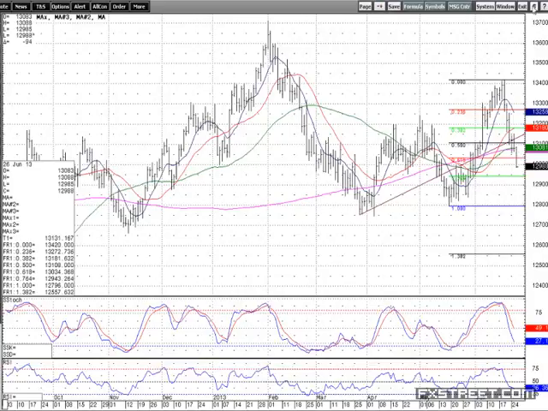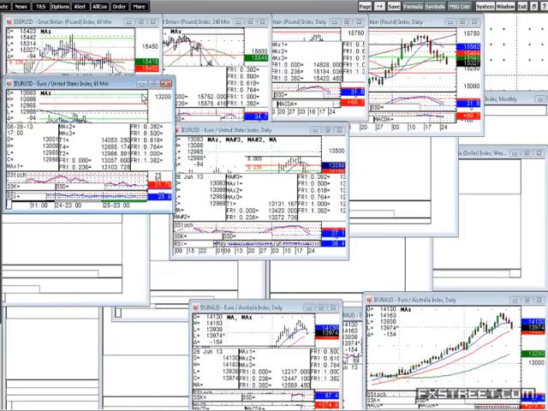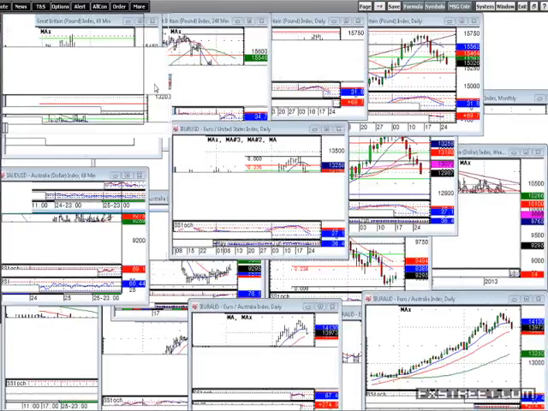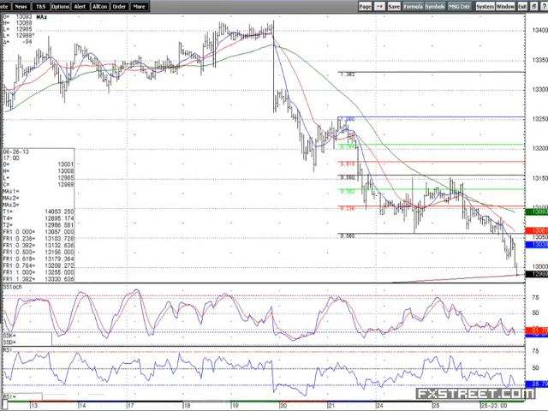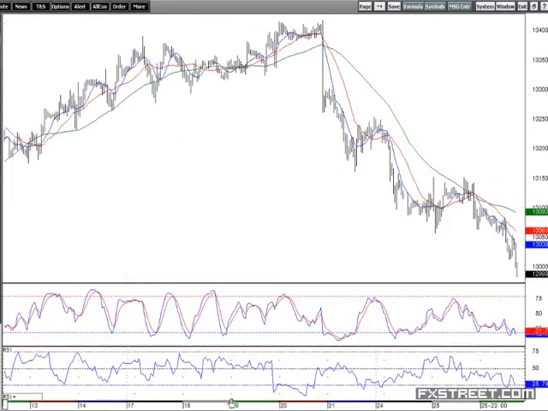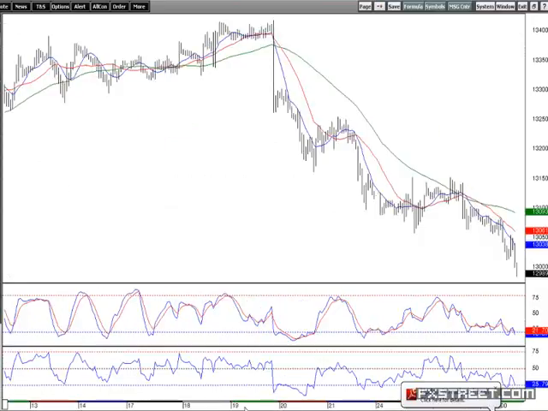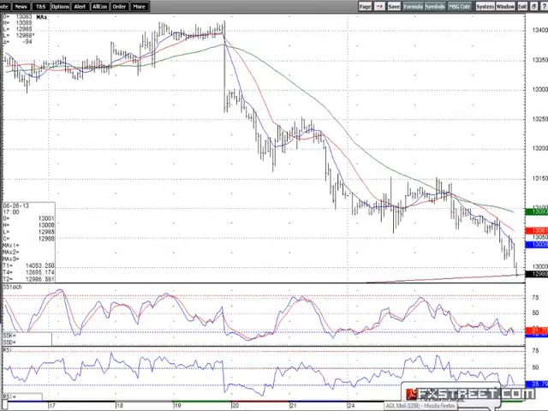Now, it isn't only on a daily chart that this happens. You can go across any time frame. I'll just take these retracements off. Now don't forget you're going with the hourly as well.